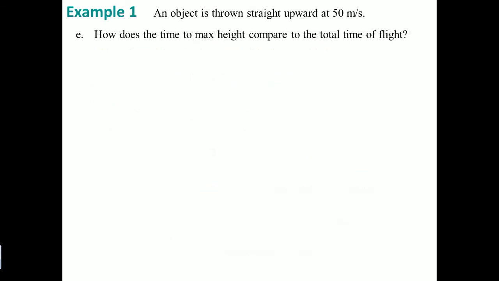Okay. Part E. How does the time to the maximum height compare to the total flight time? We saw from part A that just going up is 5 seconds. That means coming down is also going to be 5. That's why the total flight time was 10 seconds.